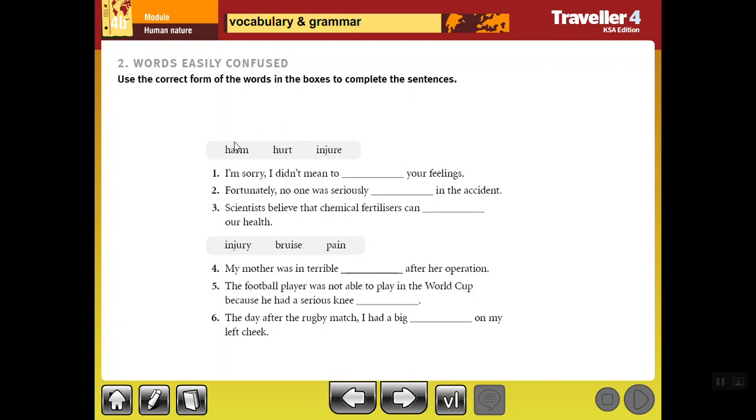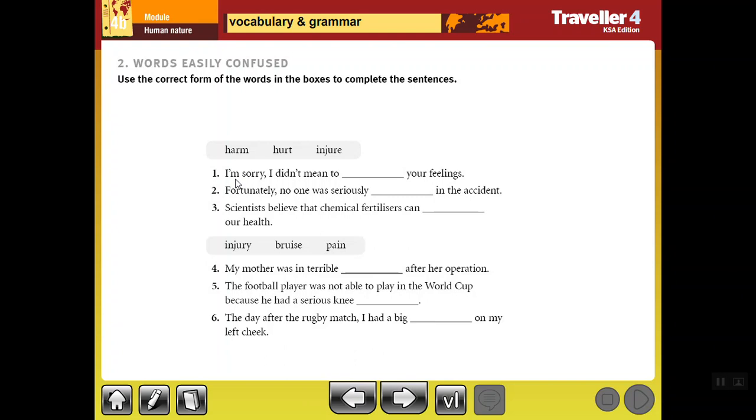The first word here we have is harm, hurt, injure. Can you differentiate between them? Yes, what is the difference between harm, hurt, and injure? You can easily understand the difference in meaning through the sentences.